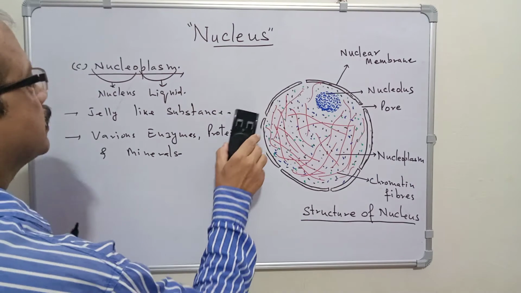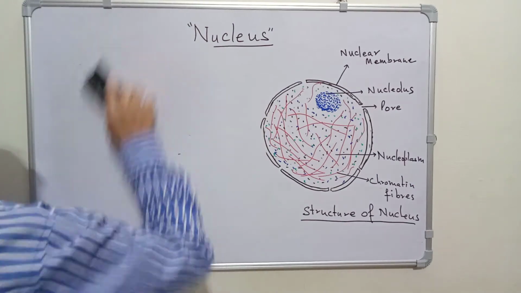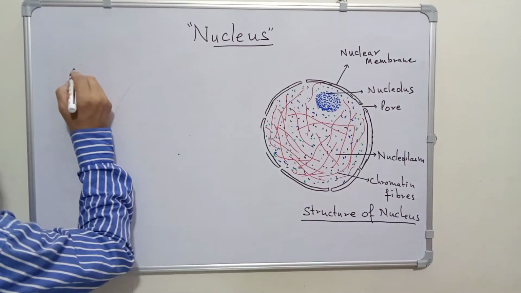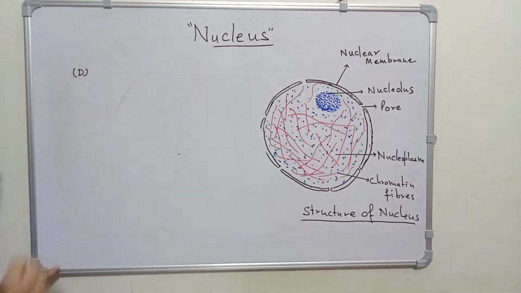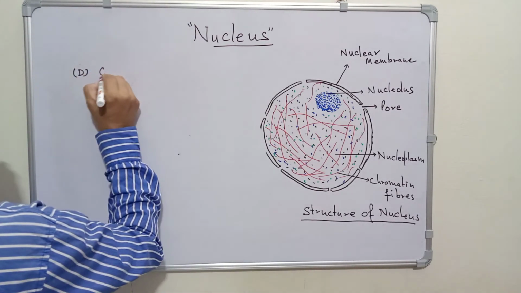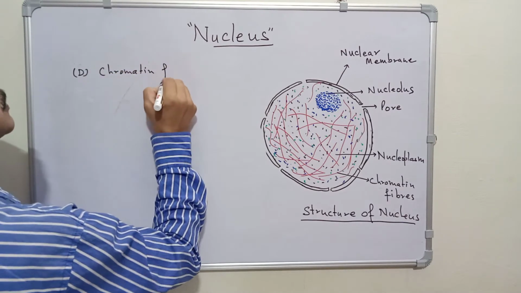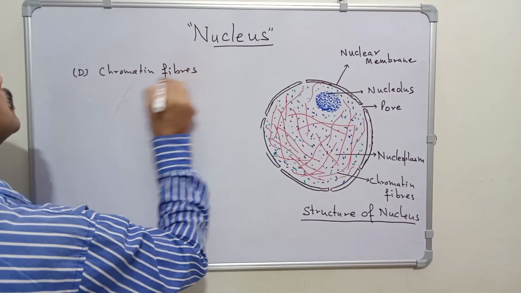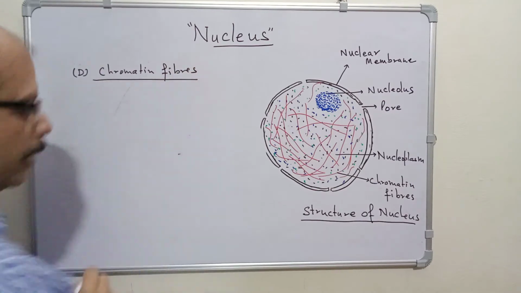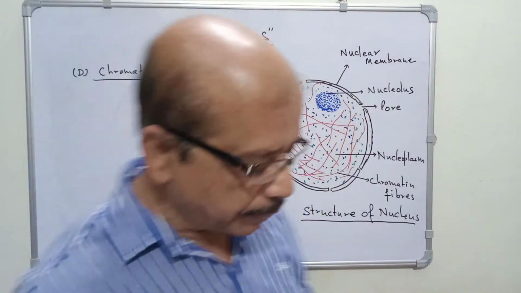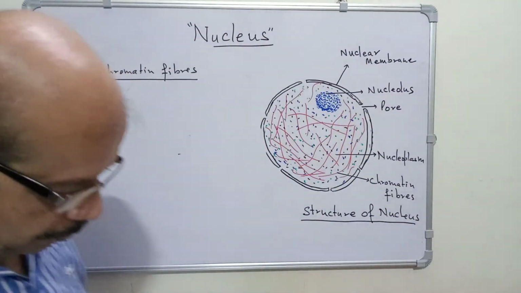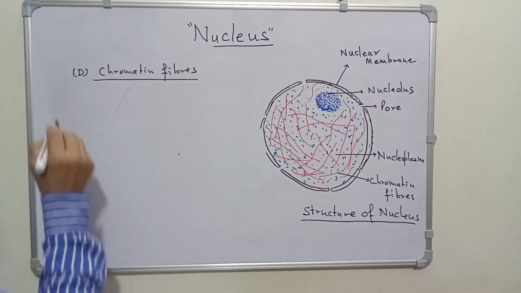Now next, last component, and that is chromatin fibers. Actually, they are the most important component of the nucleus because they are genetic material.